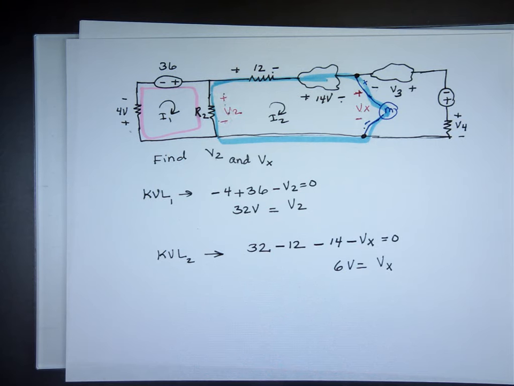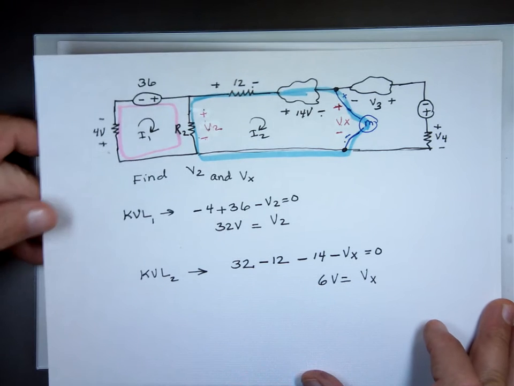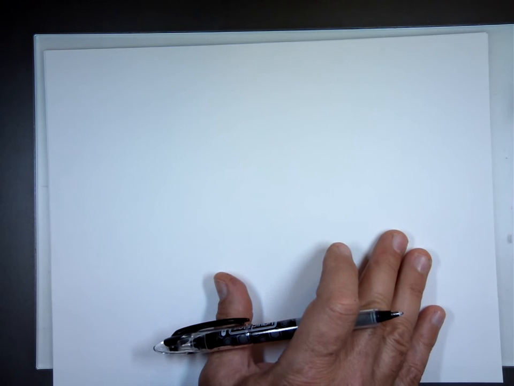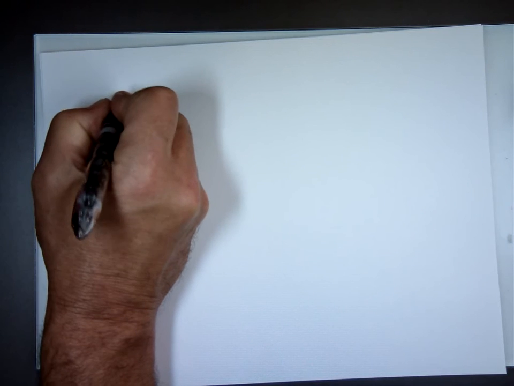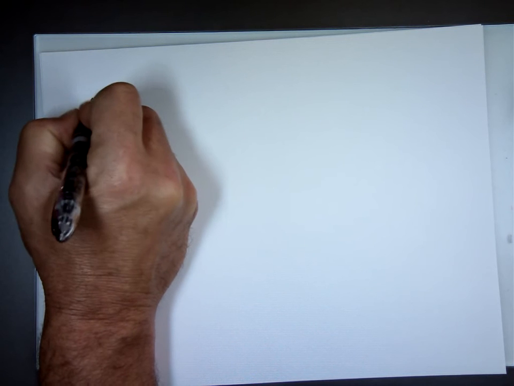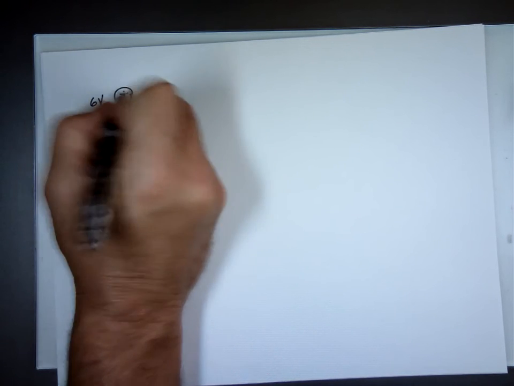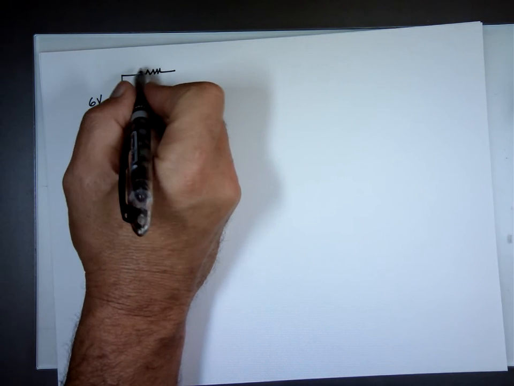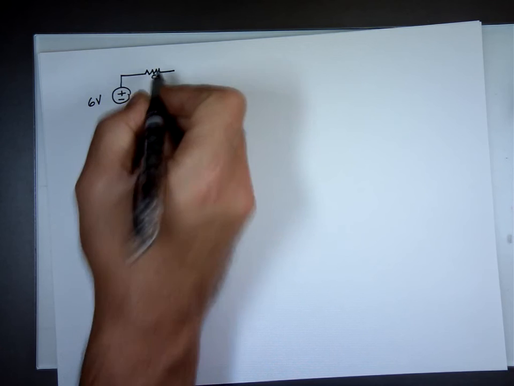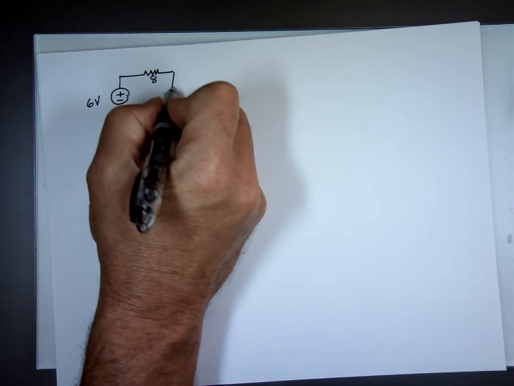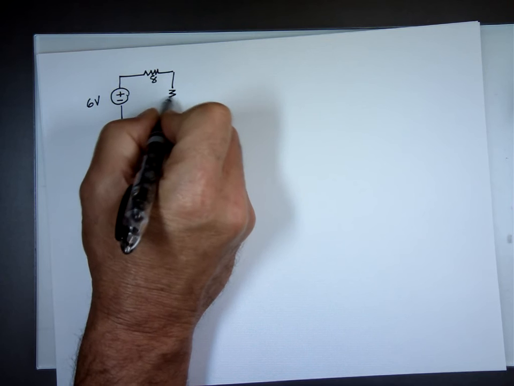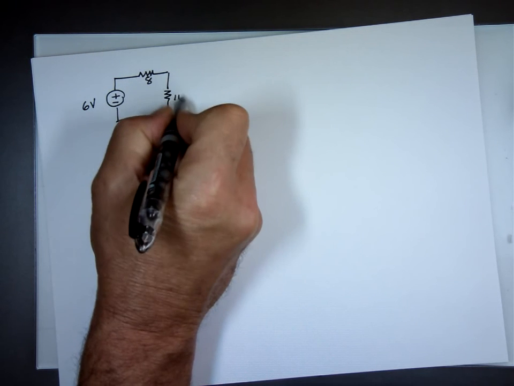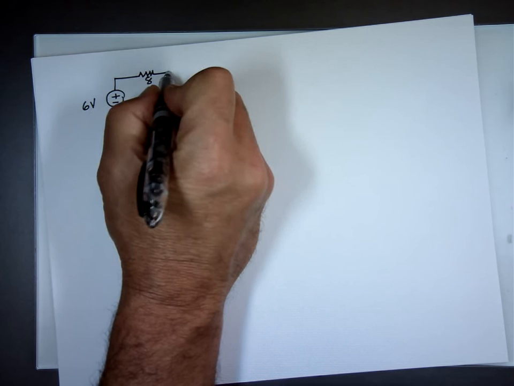Let's try another one. Here's my circuit, a different example. 6 volts. 8 ohms. 10 ohms. 4 ohms.